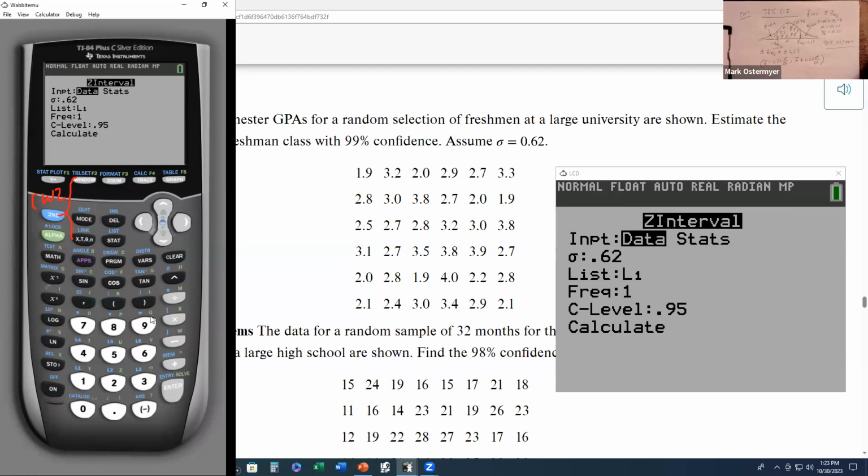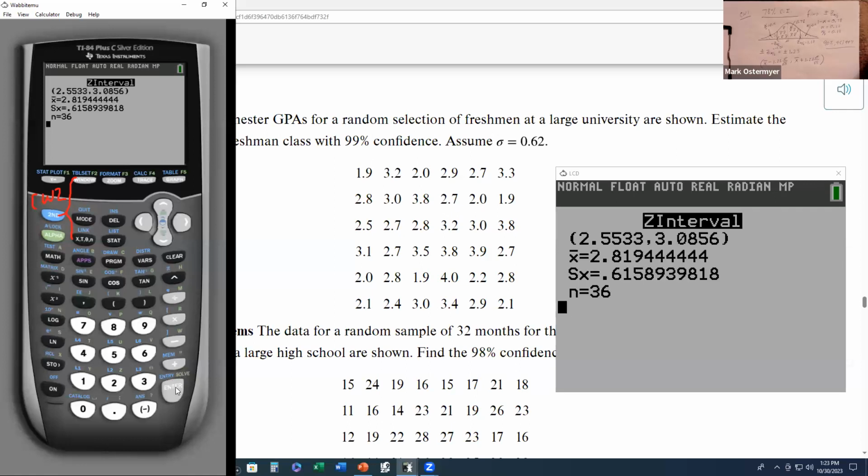The level of confidence is 0.99. And calculate. And there you go. That would be your 99% confidence interval for the unknown population mean, mu, 2.55 to about 3.09. So we're 99% confident that our population mean lies in this interval here.